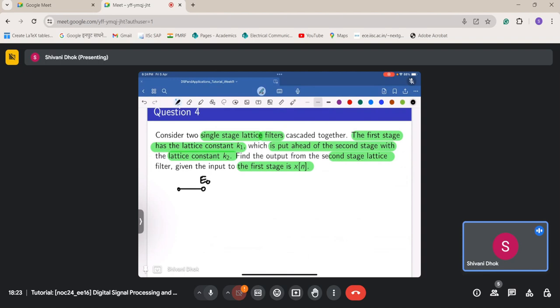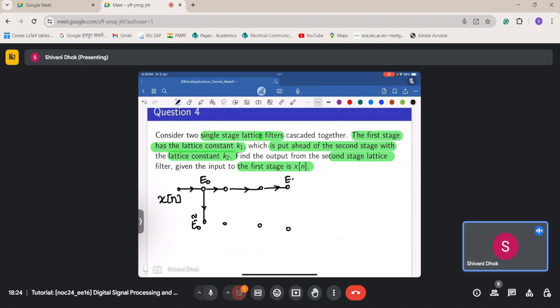So we have E0. This E0 is equal to E0 tilde, and input is given to this first stage. So this is my x[n]. Okay, let me draw it properly. Again, this is E0, having gain 1.